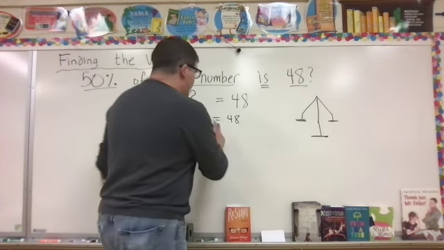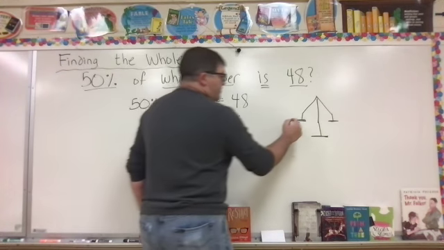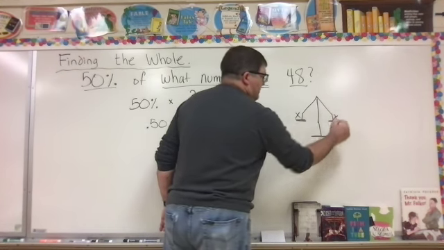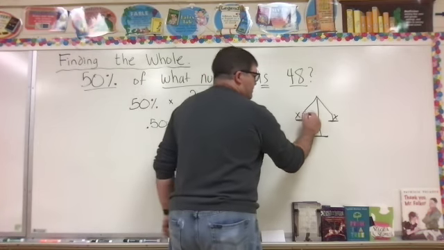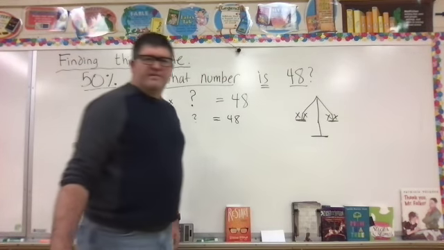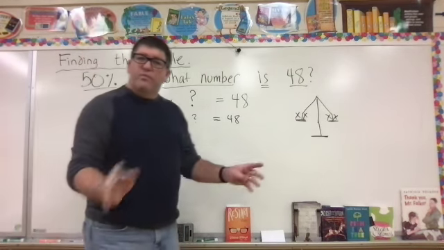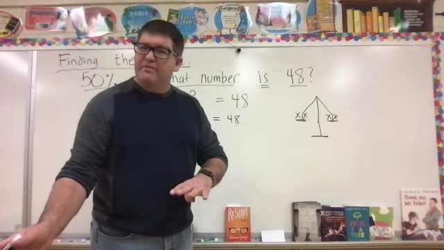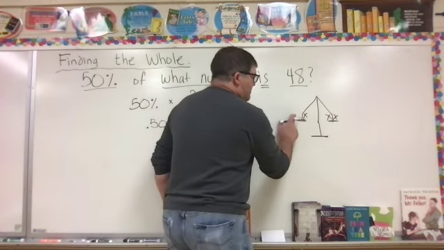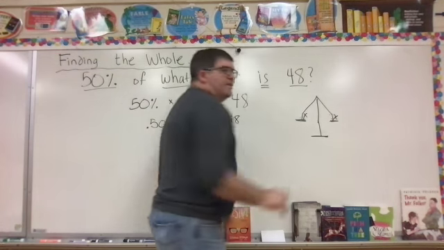Okay? When you have an equal, whatever you have on one side, you want the same over here. So if you have two things on this side, you have to have two things on this side. But if I do one thing to one side, I have to do the same to the other to keep it equal.